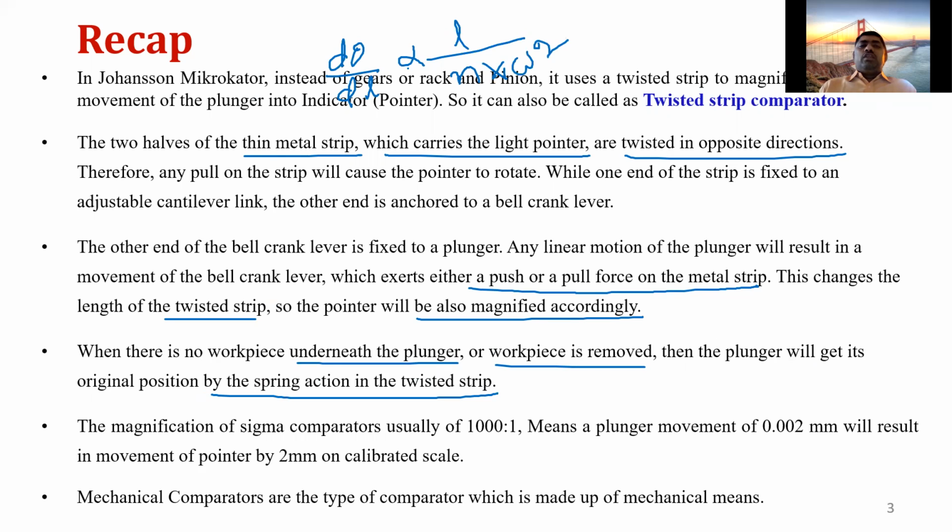So the magnification is inversely proportional to the number of turns and the width of the strip. If the number of turns is small and the strip is thinner, the magnification is high. Or in other words, the magnification is directly proportional to the length of the strip.